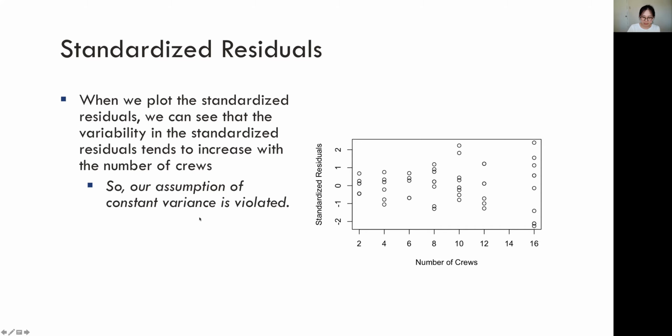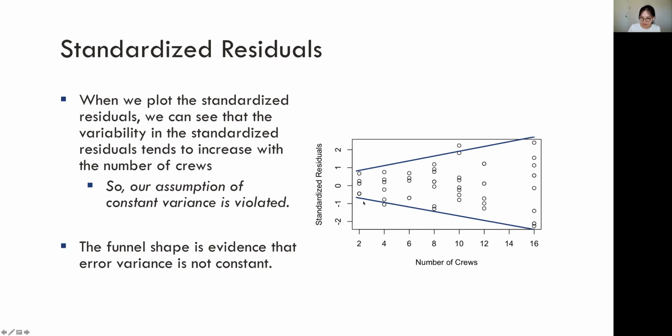So the first one, actually this is the third one when you do the plot of your LM object. This is the standardized residual plotted versus X. By looking at it, if you focus on the trend, the band of the variance, how wide your residuals span as you increase the number of crews, you will see a kind of funnel shape, right?